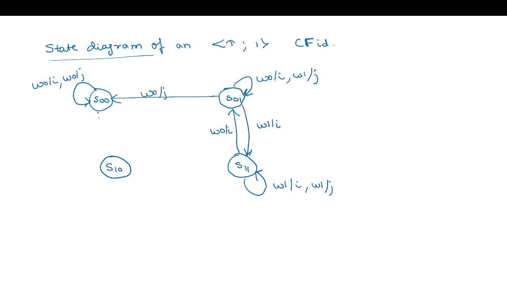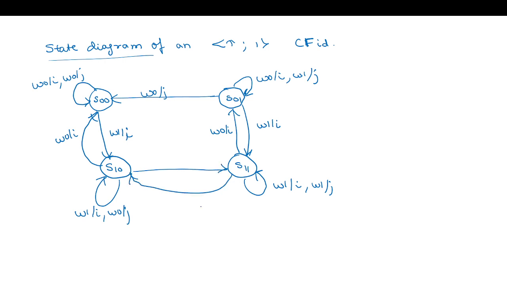And this transition will also remain the same. W0 for I, W1 for I, W0 for J, W1 for J. Now, when we write the 1, that is a 0 to 1 transition, the content should go to 11. In this fault, any transition in J is affecting the I.